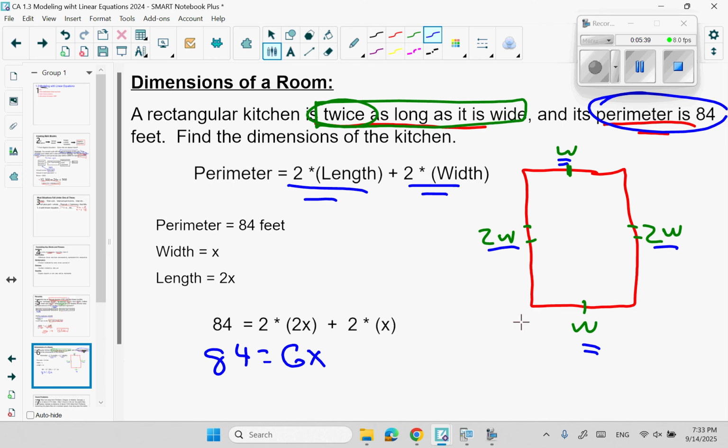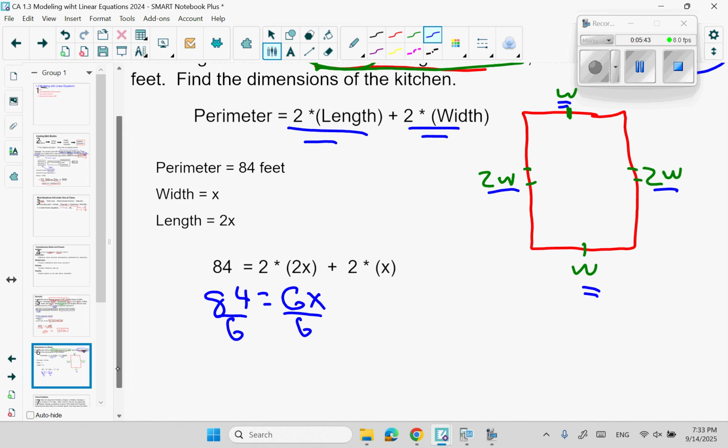Either would be fine. And then of course, divide by 6, we get w equals 14. So it would have a width of 14 feet. And then we could do 14 times 2 to say that it had a length of 28.